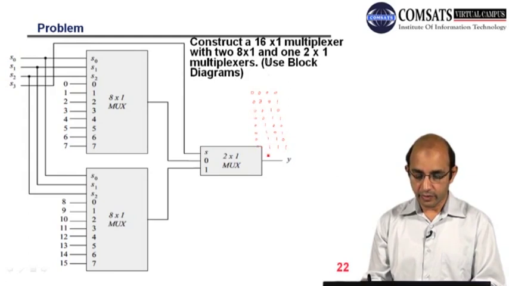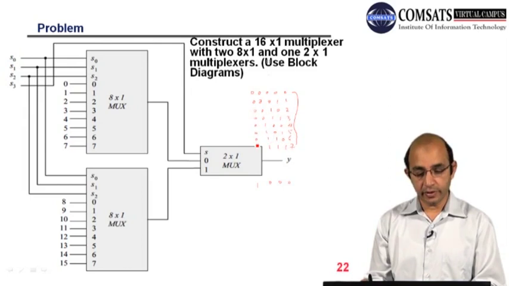If I number them 0 1 2 3 4 5 6 7, those 8 are selected when we have a 0 here.